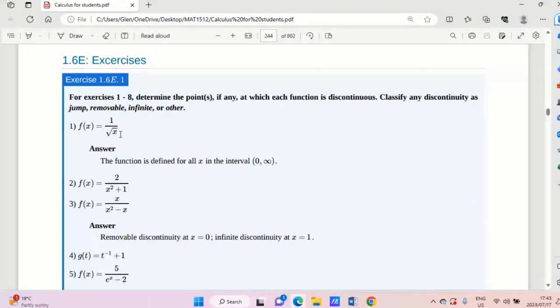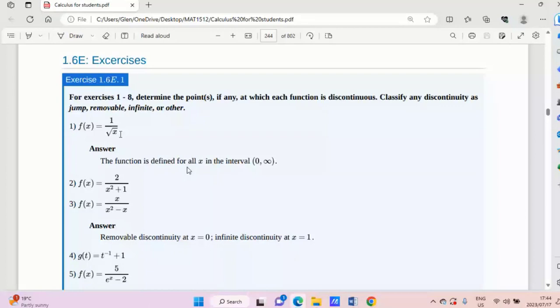Okay. Question number 1. The limit of 1 over root x is a real number, which is half. So then from there, for removable discontinuity, the limit has to be a real number.